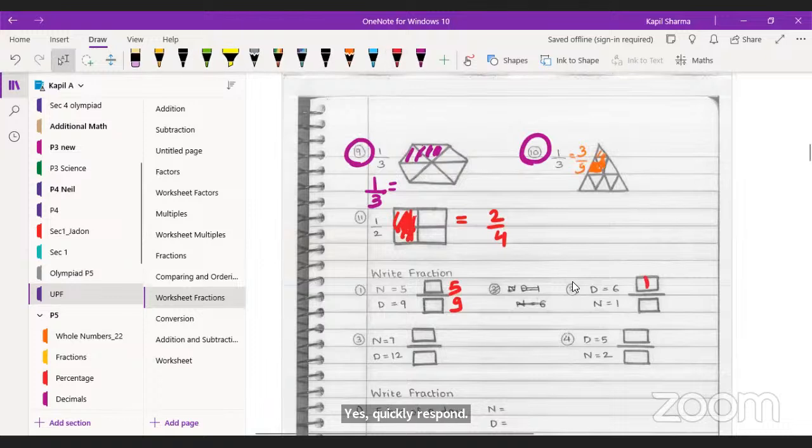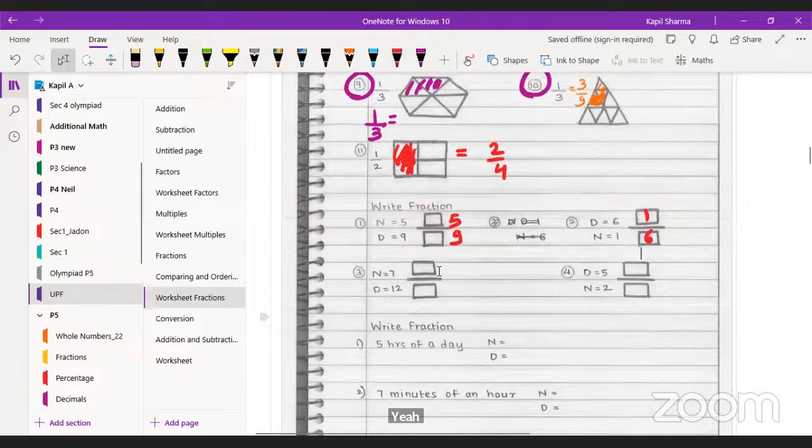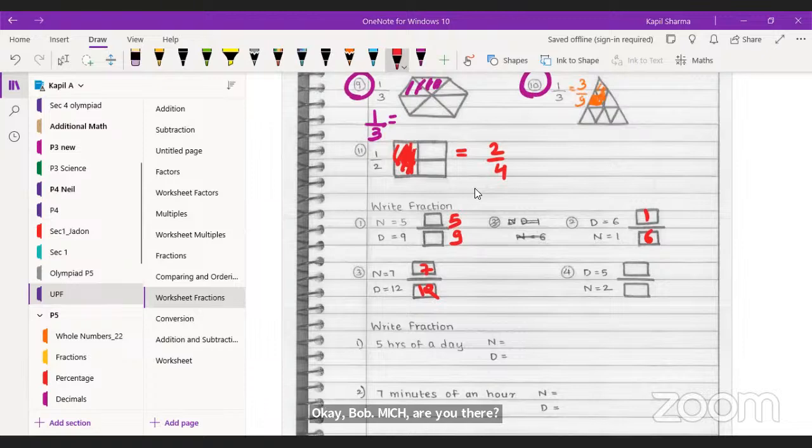Yeah, 1 over 6. Third one, 7 over 12. Correct. Last one, okay, Parth. Niklesh, are you there? You're not responding. Last one, yeah, 2 out of 5.